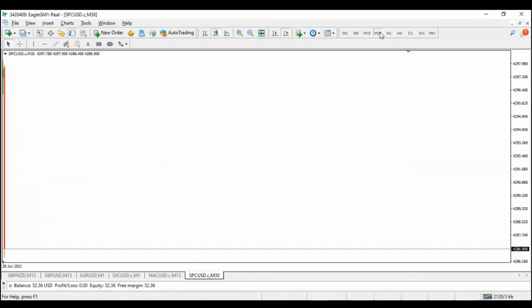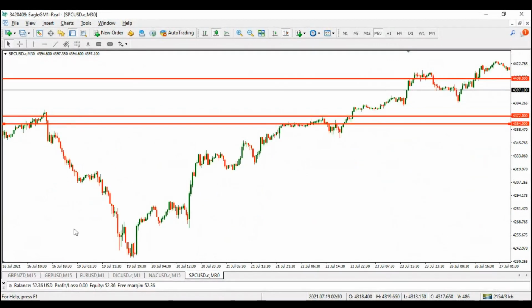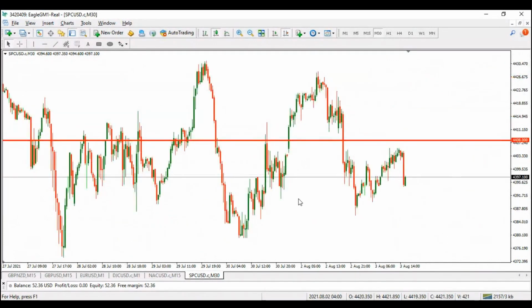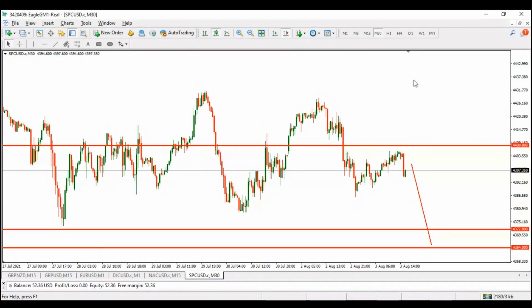Okay, let's move to the 30 minutes time frame. So this will be our target if we look for selling opportunities. Now, if eventually price trades above this area, we'll have to look for buying opportunities.